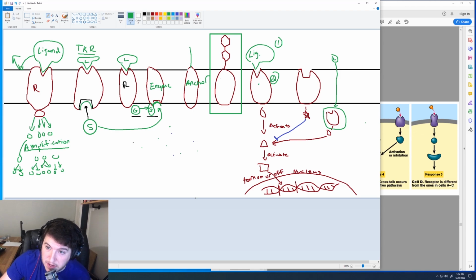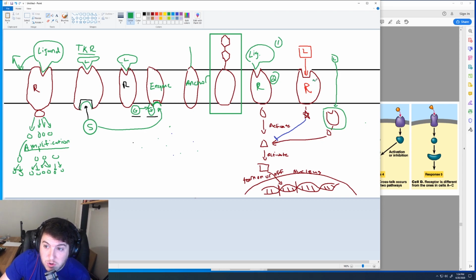So let's say this ligand binds and it's doing its normal signal transduction pathway. But then we get a second ligand, which we're going to do in red. This second ligand is going to bind to this receptor. Originally we had this receptor that is activating our circle protein, which then activates our triangle protein, which then activates our square protein.